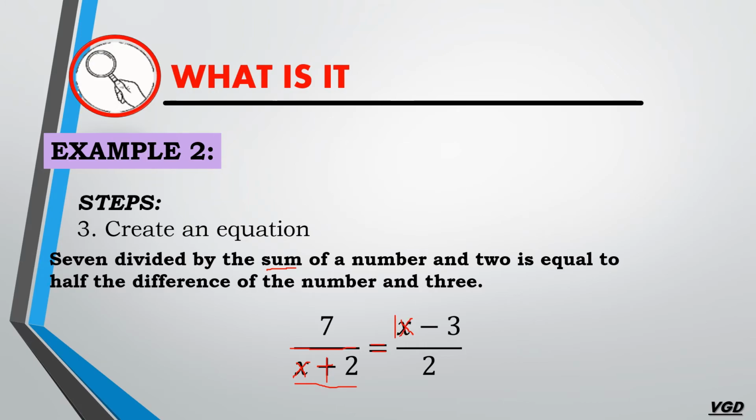The number means x, and 3, and we have subtraction because of the word difference. So our equation will be 7 over x plus 2 is equal to x minus 3 over 2, or simply 1/2 x minus 3.